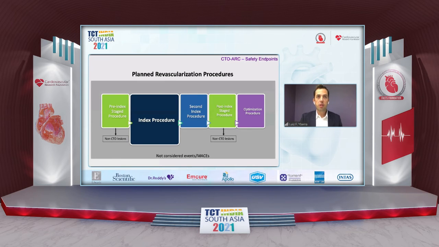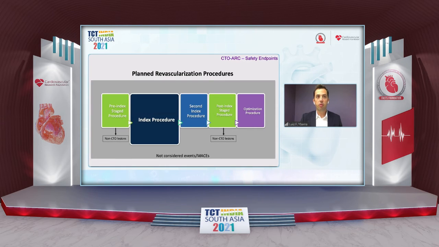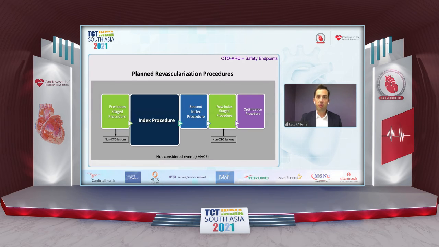The procedures presented here are part of the initial therapeutic strategy if performed in scheduled fashion and should not be considered adverse events. The time limit of which should be well documented in the chart. If a patient comes earlier than planned due to ongoing chest pain, for instance, that is considered an unplanned procedure and therefore a MACE.